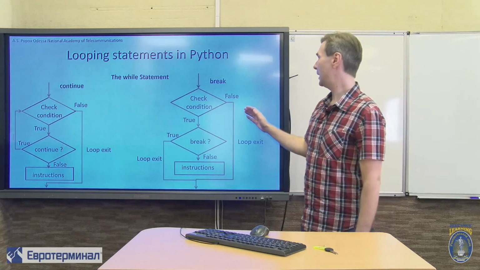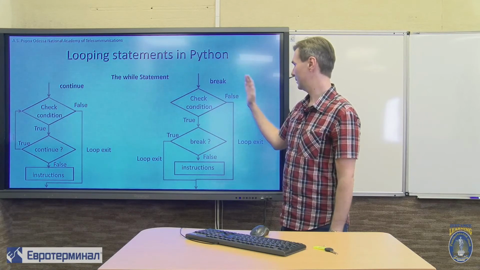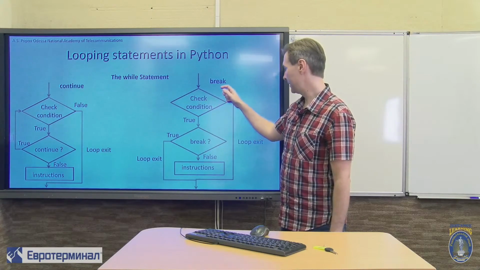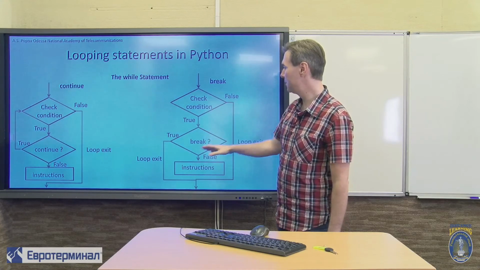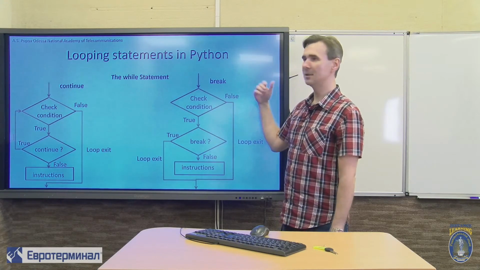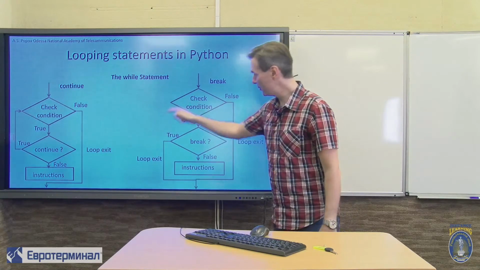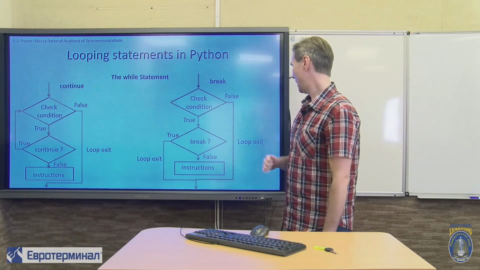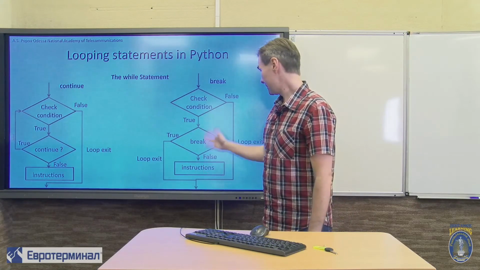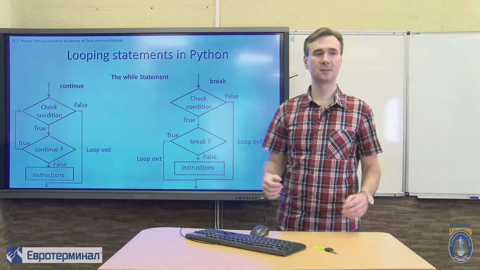So here is the idea. We start our loop, we check the condition is true, then we go to checking the condition for break. And if it is true, then we go outside the loop. If it's false, then the block of instructions will be executed.